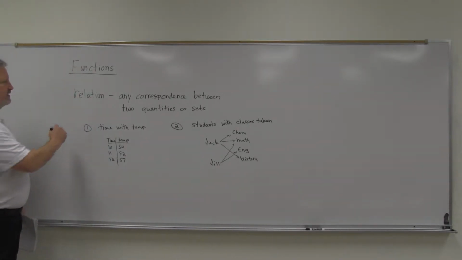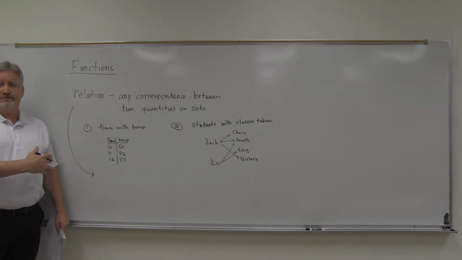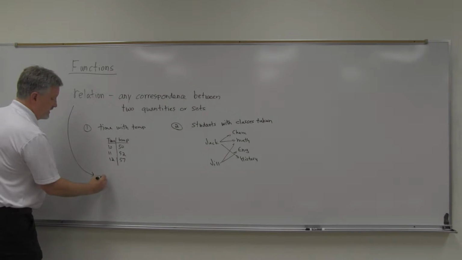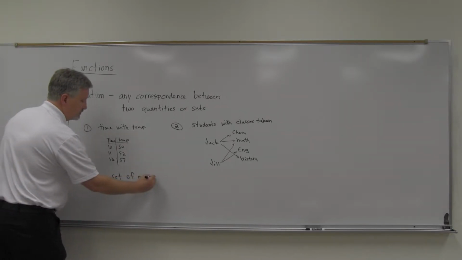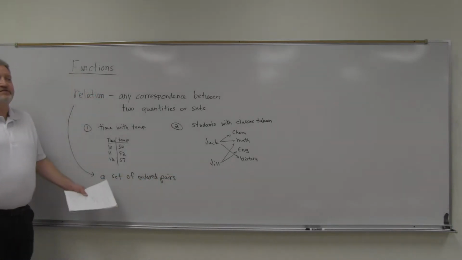Okay. Now another way we could define a relation is we could just set it up as ordered pairs. So I think that's the way this book chooses to define it. A relation is just a set of ordered pairs. So that's just another way to write it.